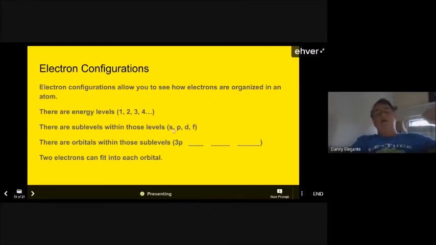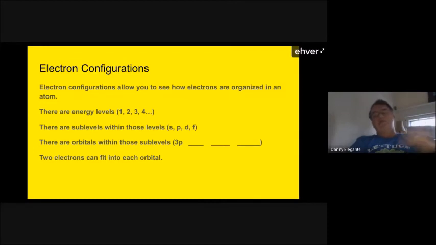Then we say it's in the p sublevel. And then we say it's in the 2nd orbital in the 4p sublevel. And then we say, by the way, it's the electron that spins up. With those 4 pieces of information, we can identify any electron anywhere in an atom. And then we want to use that information next week.